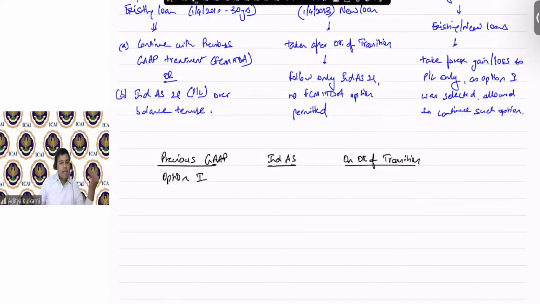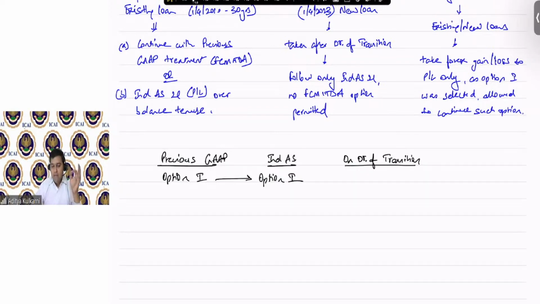That is, take the exchange differences to the P&L, no FCMITDA. In the Ind AS regime, I would like to continue with option 1. Is it allowed or not allowed? That's right, Namrata. Absolutely right. Okay.